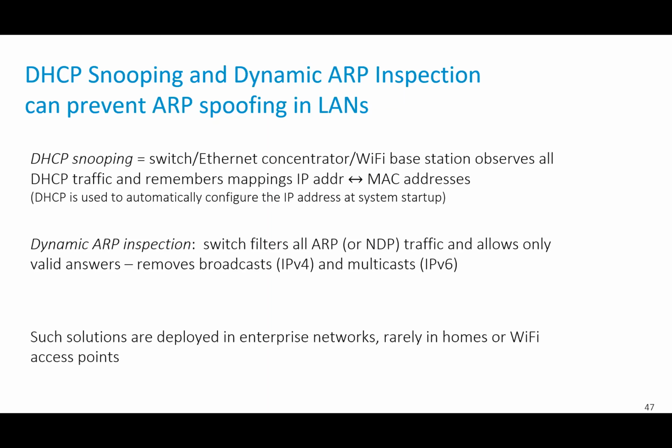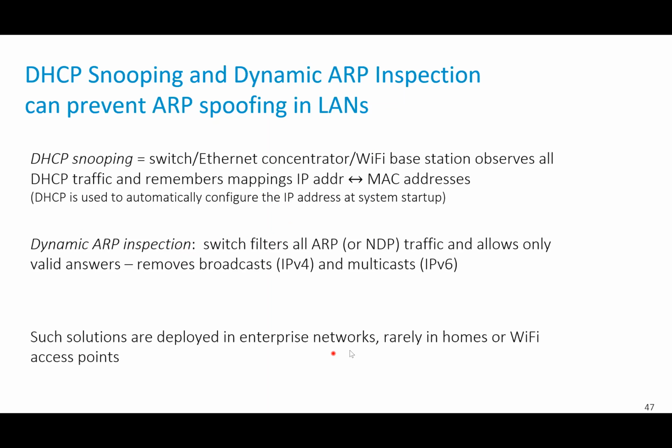If there's a bad guy connected to Ethernet somewhere, the bad guy will not receive any of the broadcast or multicast packets. Instead, they will go directly to the switch that has access to the list of all the MAC addresses that are authorized, knows also the IP addresses that correspond to them, and will give the response. That's a managed system.